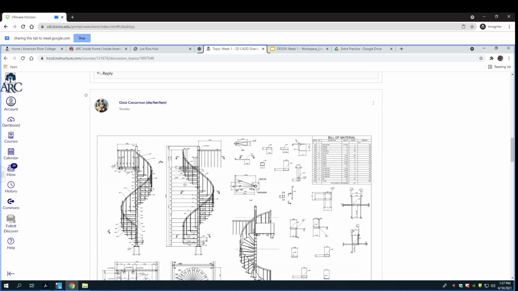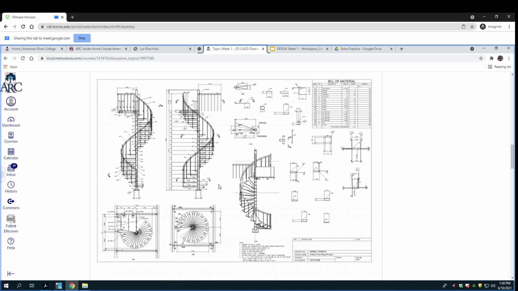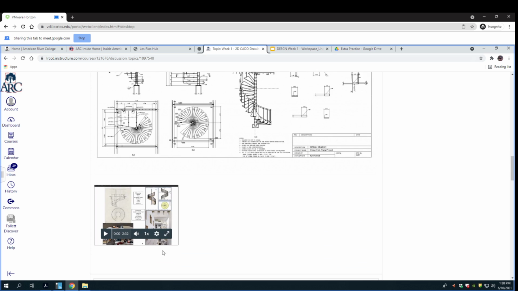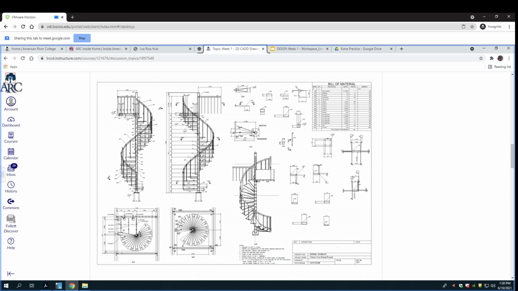I think you guys saw this one: I did make a drawing of this, and I did an additional drawing. This is a really nice drawing, actually. You can see them in real life. You will be able to do this.